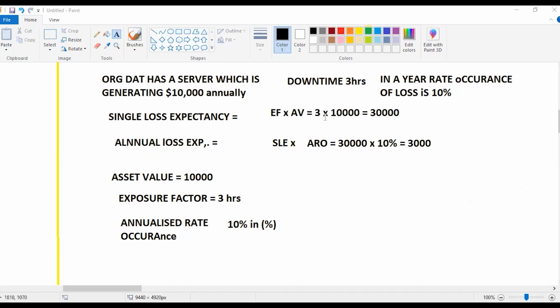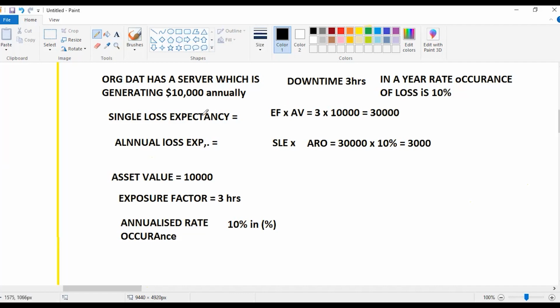We are multiplying, sir. Consider if I am earning 10,000 yearly, and if my server is down for 3 hours, my loss will be three times more than I am earning in a year. I'm not understanding that.